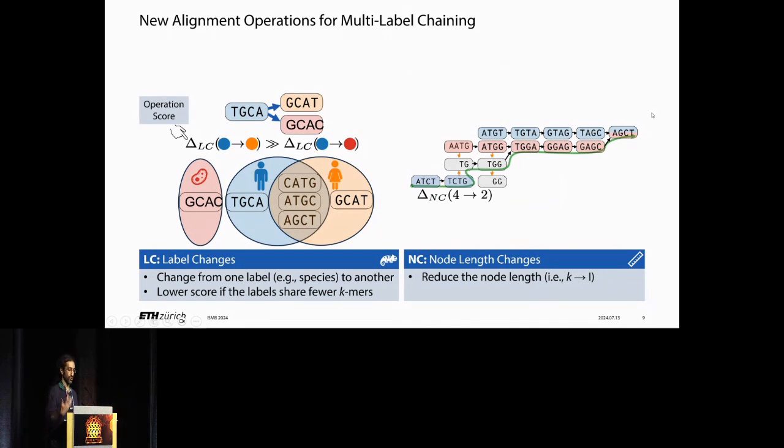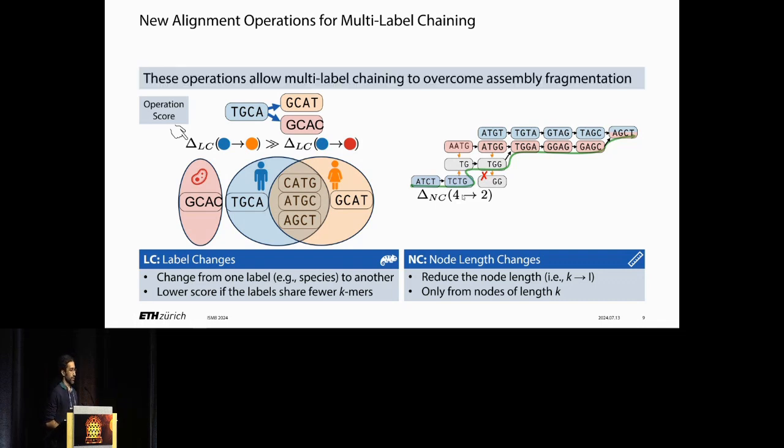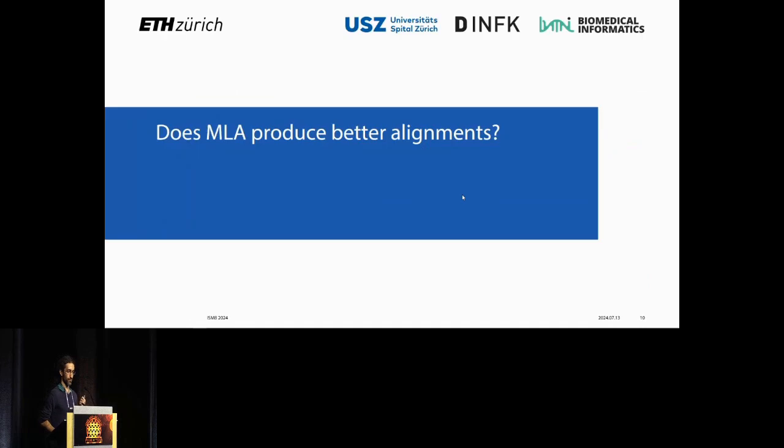But we introduce a penalty so that this happens to a more limited extent. And we also introduce a restriction where you can only change in your node length if you're already at a node that is of maximum length K, or the defined maximum length K. And this is to help reduce the search space. So now with these two operations, we can overcome fragmentation in the assemblies that we index using our graphs.